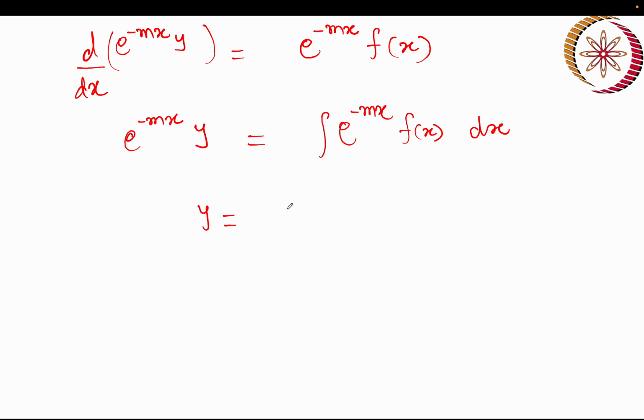So y is equal to e raised to mx times the integral of e raised to minus mx f of x dx. So that's how this form has come.